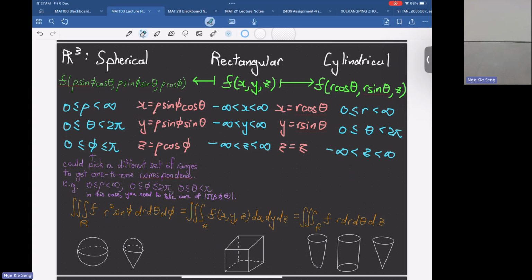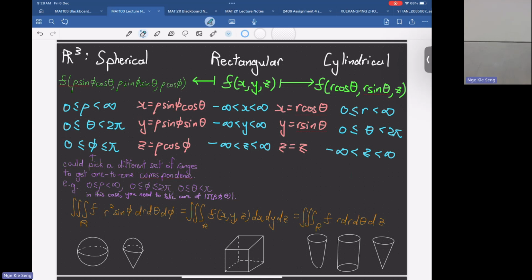Then when you are given a question, you draw the domain and you see that, oh, this one looks like a cylinder, then you will consider cylindrical. If this one is just a box, a random box, then you just use the normal rectangular. Or if you see the integration domain is like a sphere, then you just use spherical.